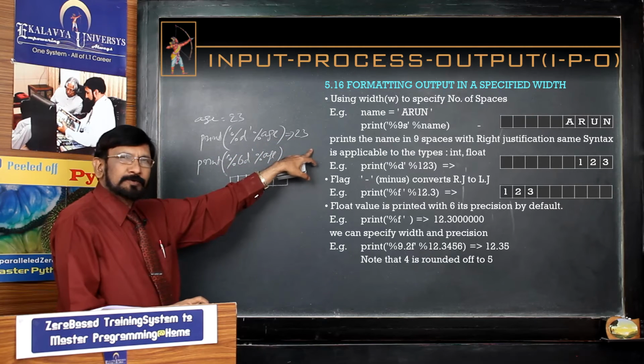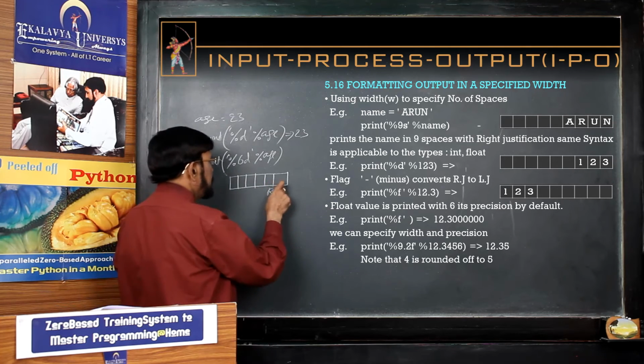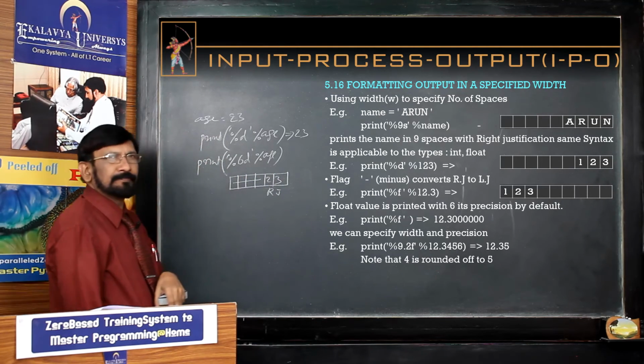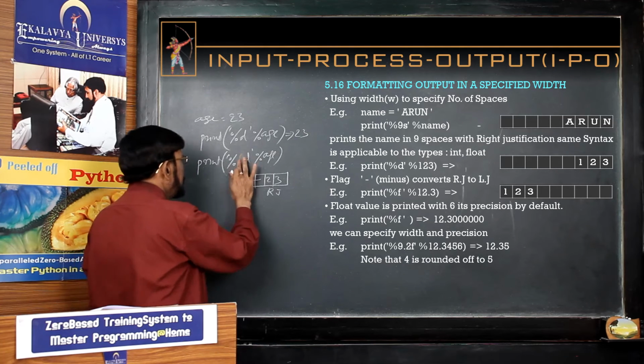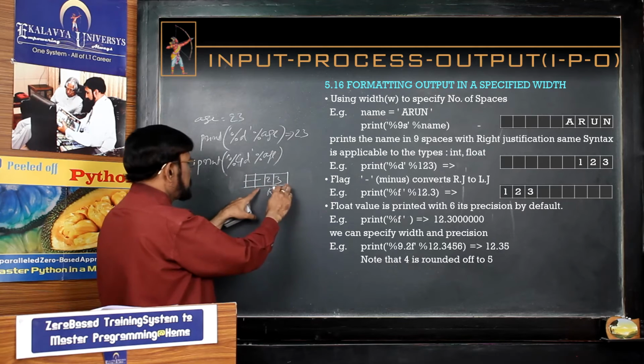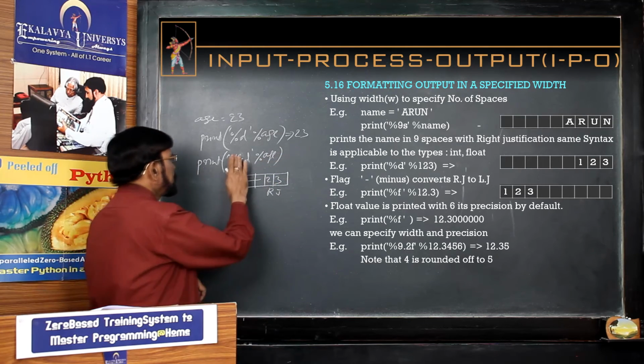The number should be printed with a right justification: 2, 3. Here 4 blank spaces are there. Then if I write 4, then 4 spaces are allocated and the number is printed with the right justification.